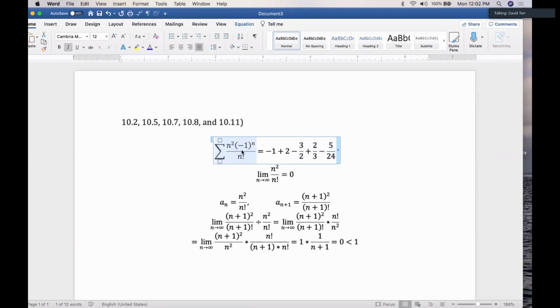When would the alternating series test give you divergence? If the limit to infinity is not 0, let's say the limit to infinity was 1 or 2 or a half. If the limit is not 0, it never converges. And if it's not decreasing all the time, it's not convergent.